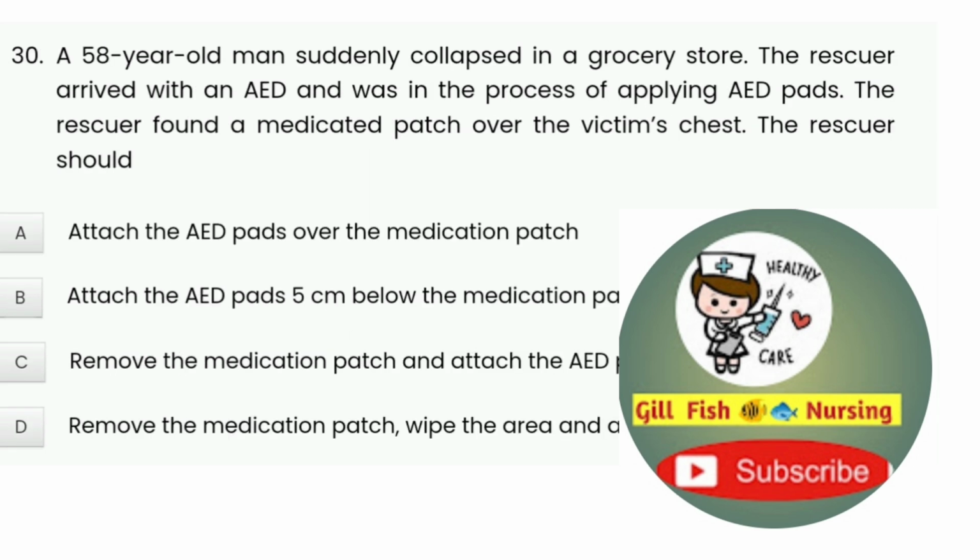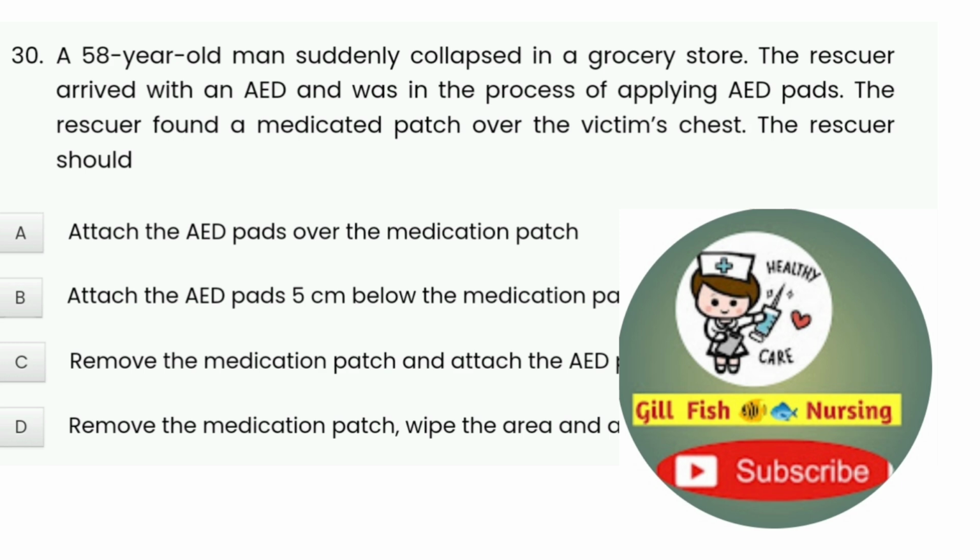A 58-year-old man suddenly collapsed in a grocery store. The rescuer arrived with an AED and was in the process of applying the AED pads. The rescuer found a medicated patch over the victim's chest.